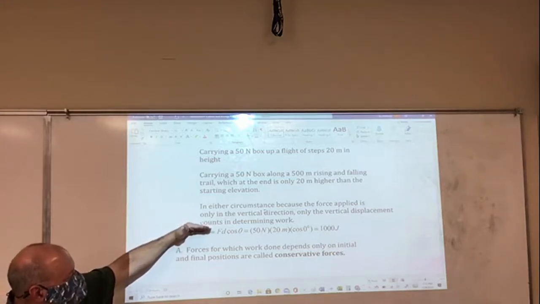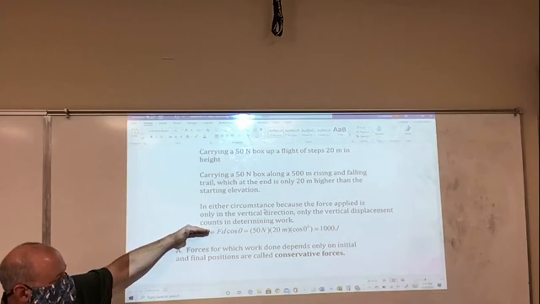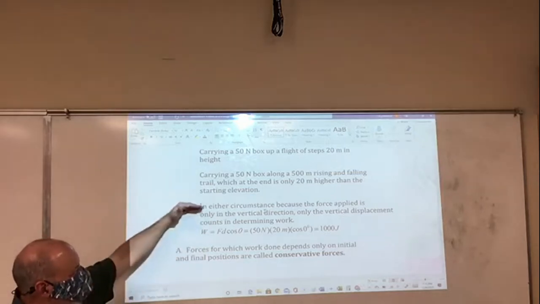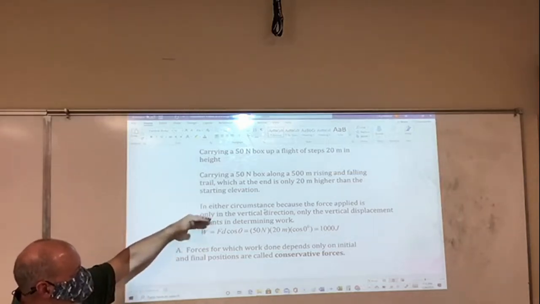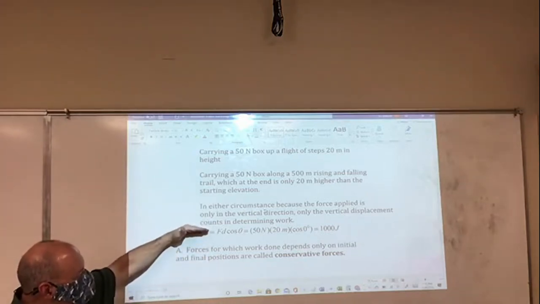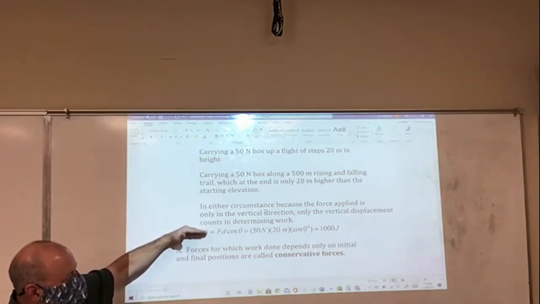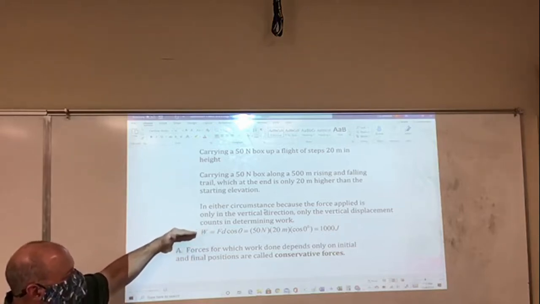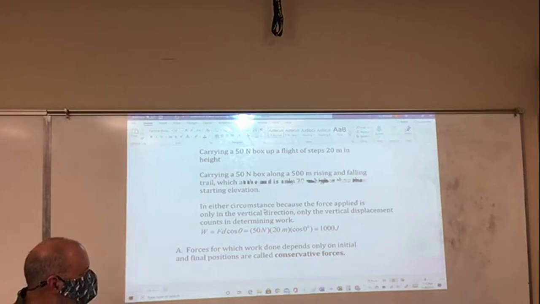We added 1,000 joules of potential energy to the box. You can say, well, it certainly seems like I did a lot more work in this circumstance than I did in the other circumstance. And you may feel that way, but as far as the box is concerned, hey, I got 1,000 joules of potential energy that I didn't have before at that lower position.